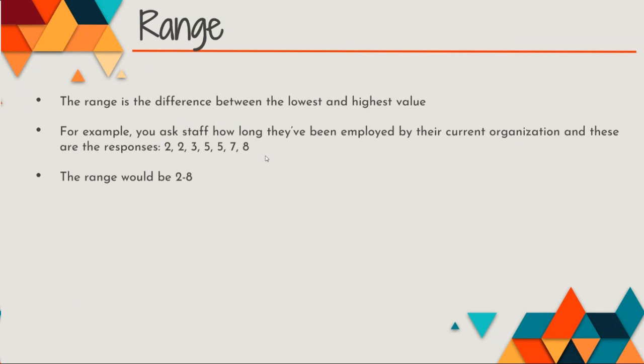And when you're looking at the range, you're looking at the lowest value and the highest value. So in this case, if we look at the example on this slide, the lowest value is the number 2 and the highest value is the number 8. So if you were to report out what the range of scores was, you would say 2 to 8.